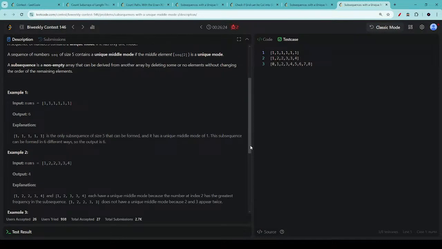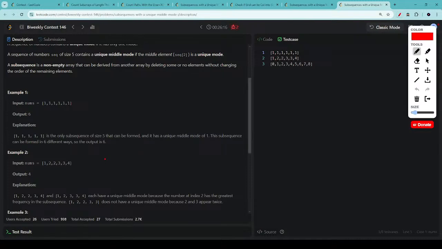So for instance, if this is like 1, 2, 2, 3, 4, right? Let's say this is the subsequence. 2 will be the mode because 2 appears twice.